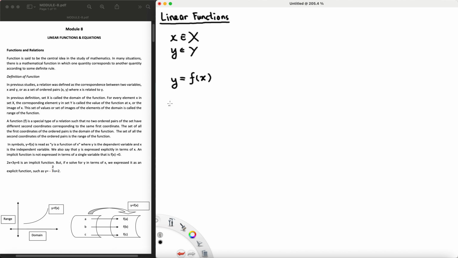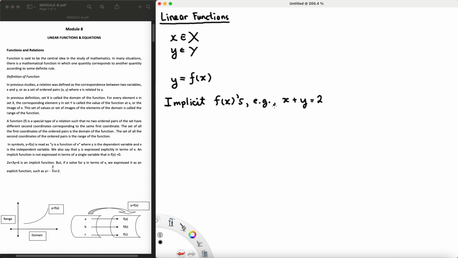So another example about implicit and explicit functions. For example, let's take x plus y equals 2.